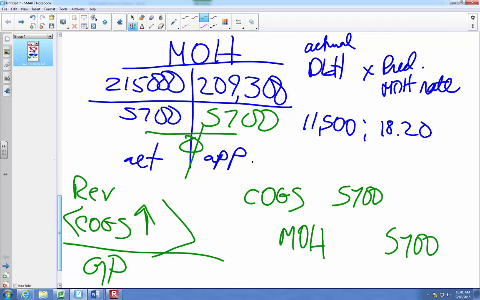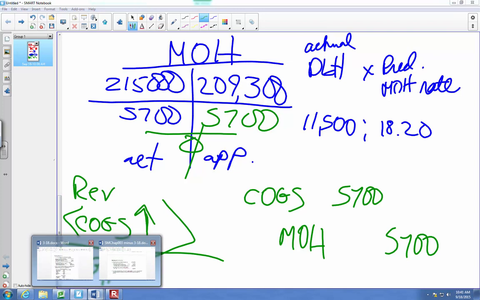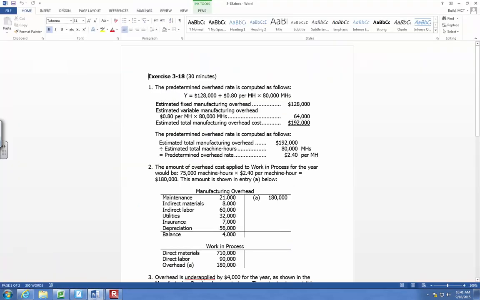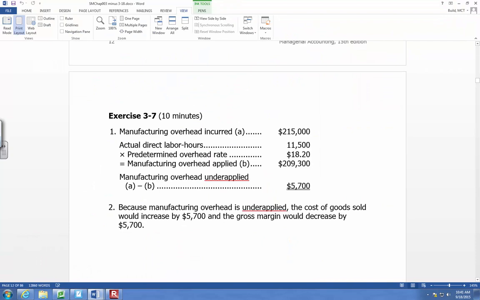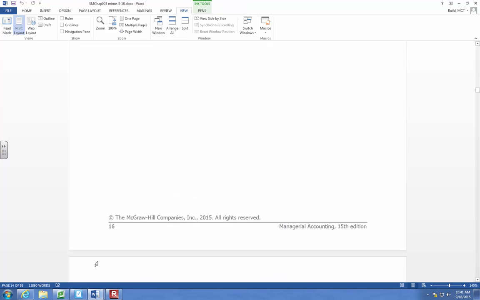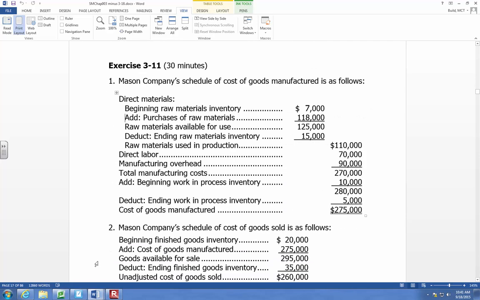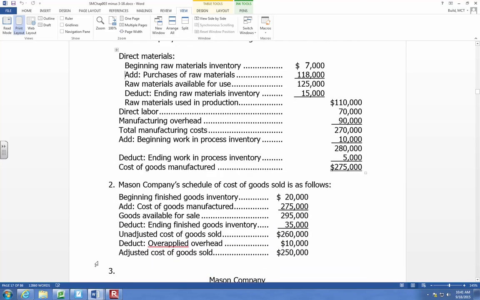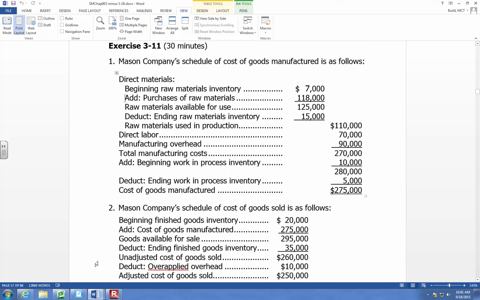3-11. Again, another COGS and cost of goods manufactured. I'm not going to probably spend time on that because it's there and you can see how to do it in the solutions. It's really plugging numbers into the model again. Yep. When you got down to the cost of goods sold, you got over 5 overhead.